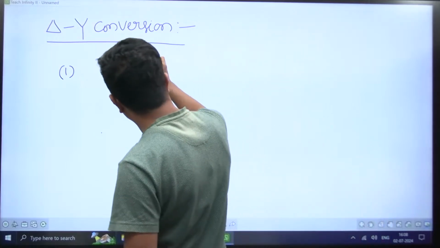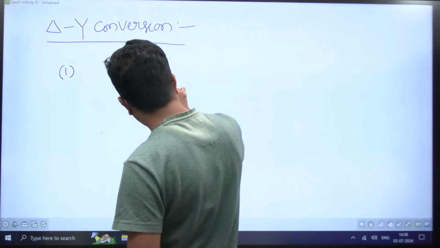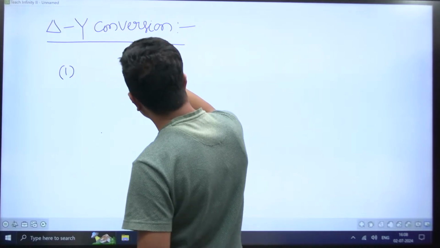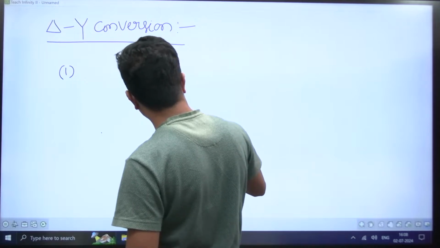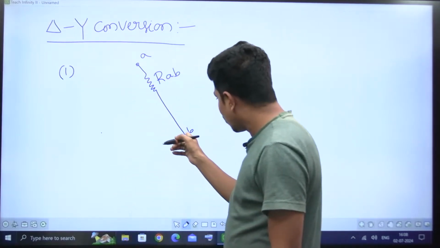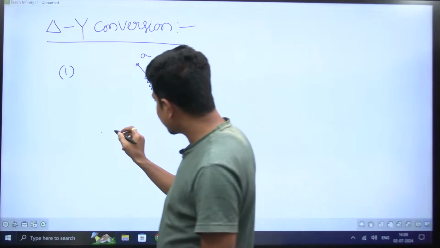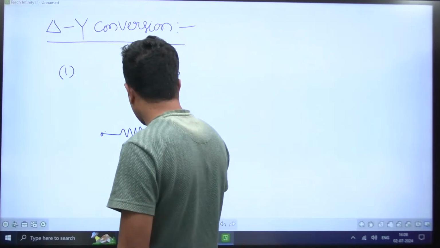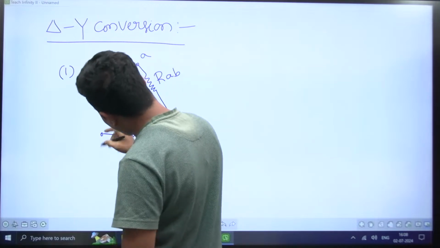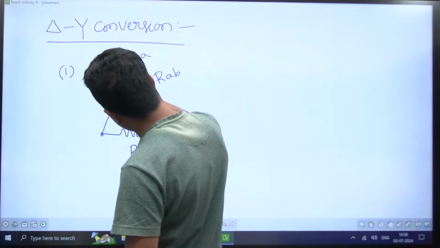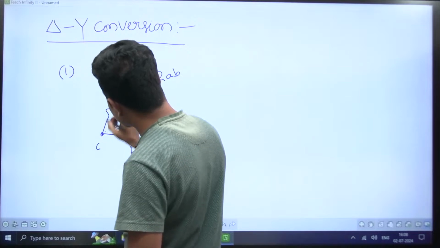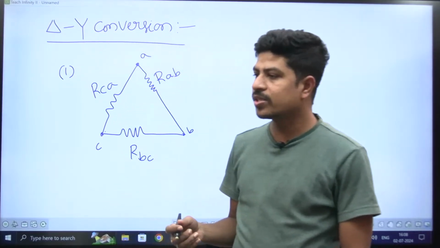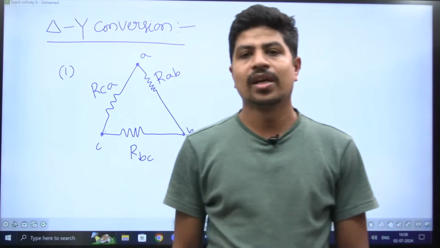I'm taking a resistance called RAB, this is point A, this is point B. The ending of resistance RAB is connected to the starting of the next resistance, that is RBC, and the ending of RBC is connected to the starting of the next resistance, that is RCA. If you connect this way, that connection is said to be a delta connection.